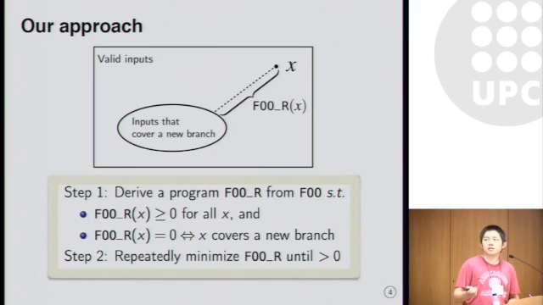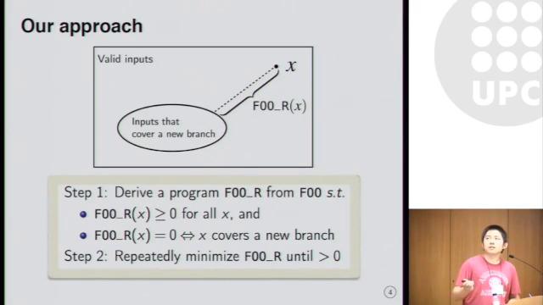The second is that this function attains its minimum value of 0 if and only if there is an input x which covers a new branch in the original program foo. If we can successfully generate foo_r with these two properties, then covering a branch in the original program can be done by minimizing this mathematical function. We repeat this procedure until there is nothing left to minimize.